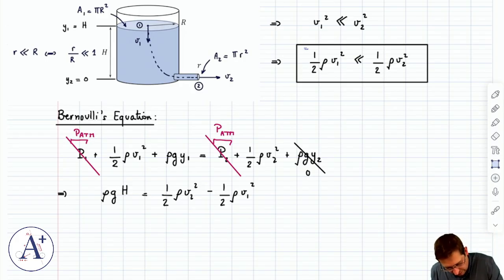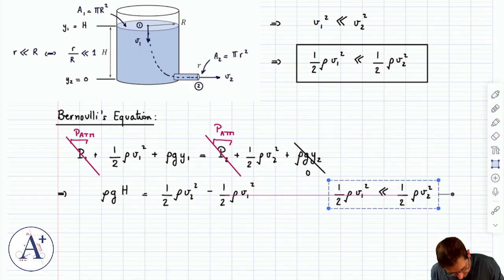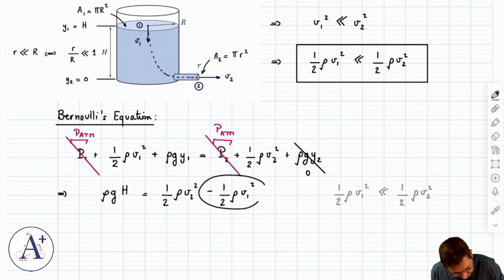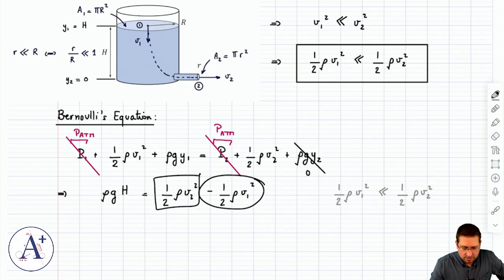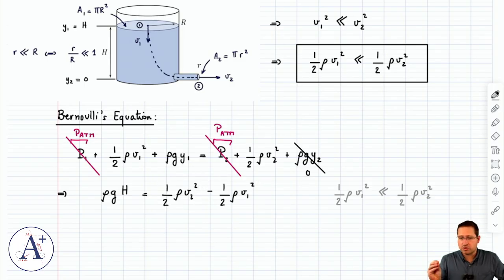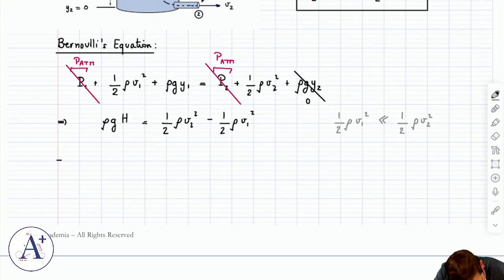We know this from above, this came from continuity, and that means that if I subtract this from this, it makes no difference. It's so small in front of 1/2 rho V2 squared that you could subtract it out. So that's going to mean that basically rho g big H is approximately 1/2 rho V2 squared. Okay, but it's pretty close. It's a really good approximation.